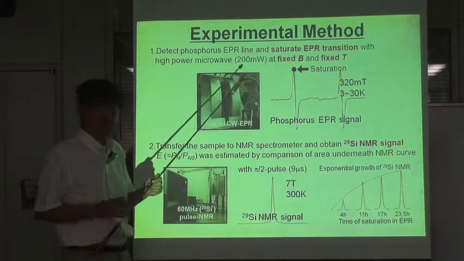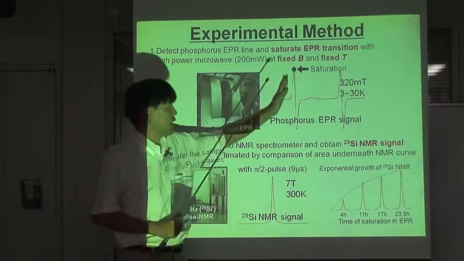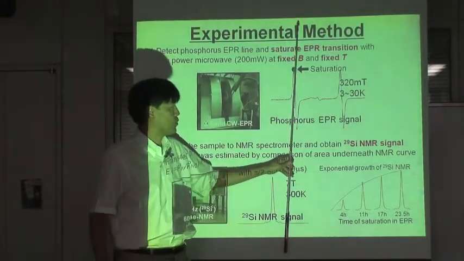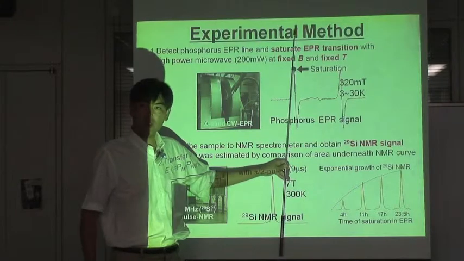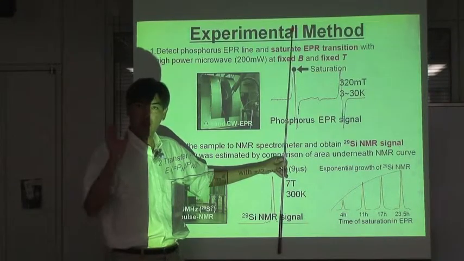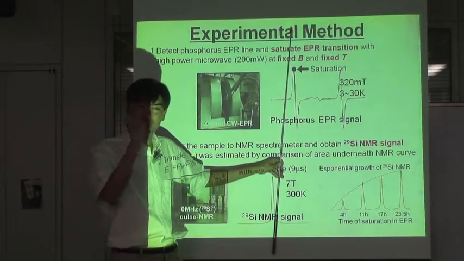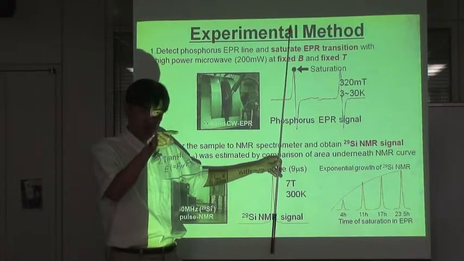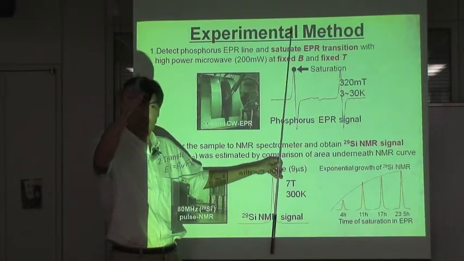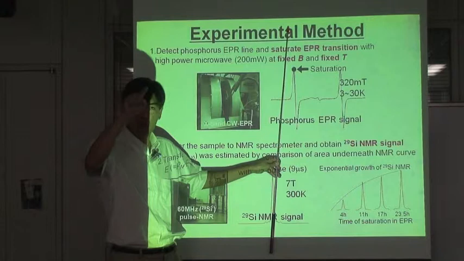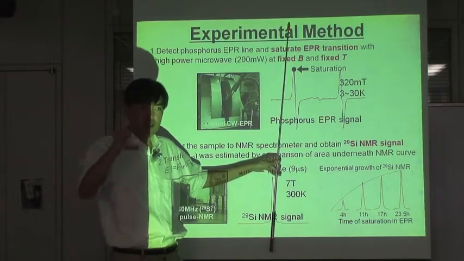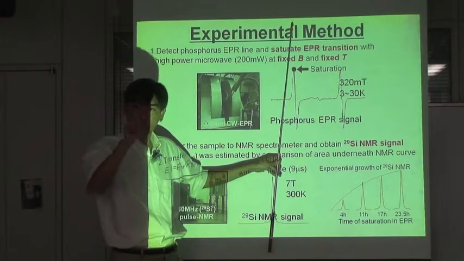Then what we do is we sit at one particular magnetic field in an EPR machine, and we keep sending microwaves. That means we keep sending electrons to a certain level, and we wait for 29 silicon to orient.